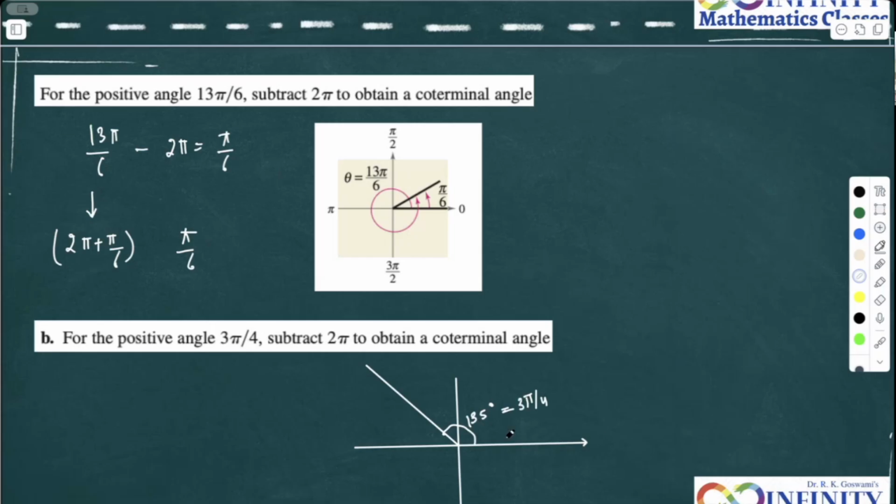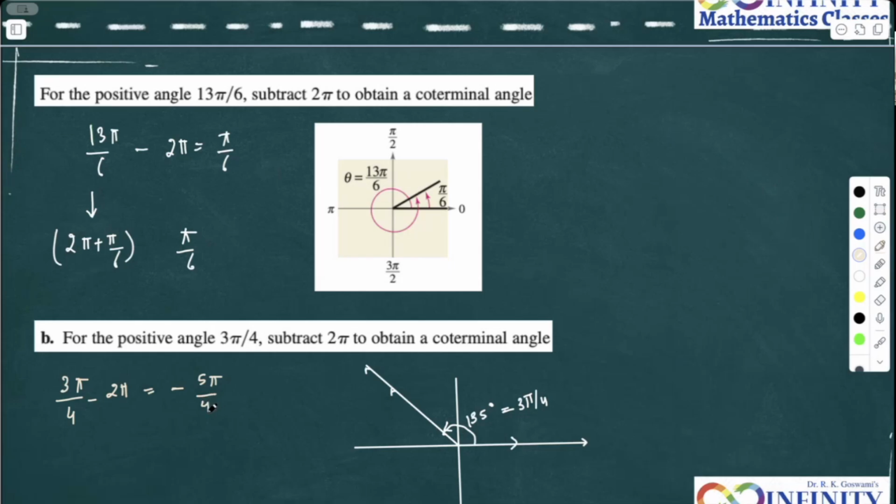You have the initial line, you have the terminal line, and this is the angle 3 pi by 4. When you measure it anti-clockwise, this is the angle. When you subtract 2 pi, 3 pi by 4 minus 2 pi is going to be negative 5 pi by 4.